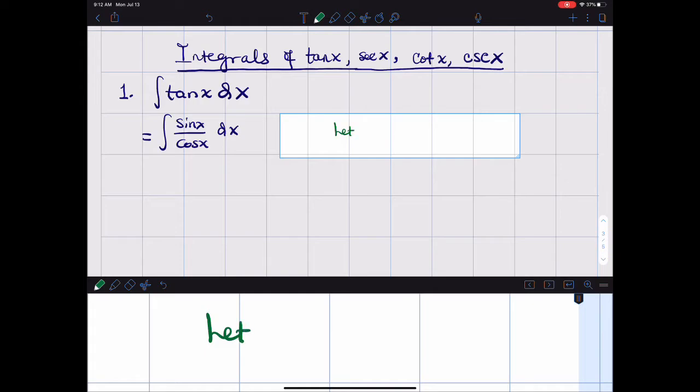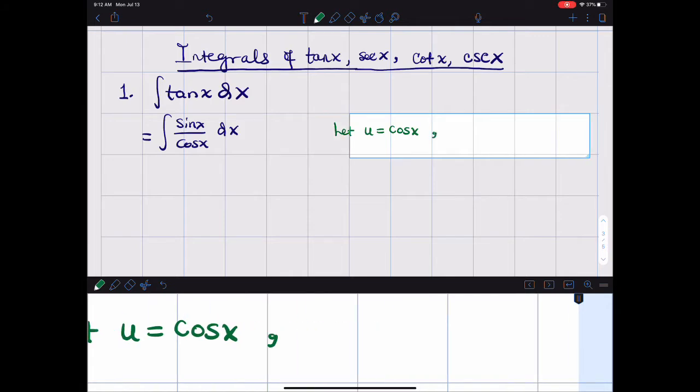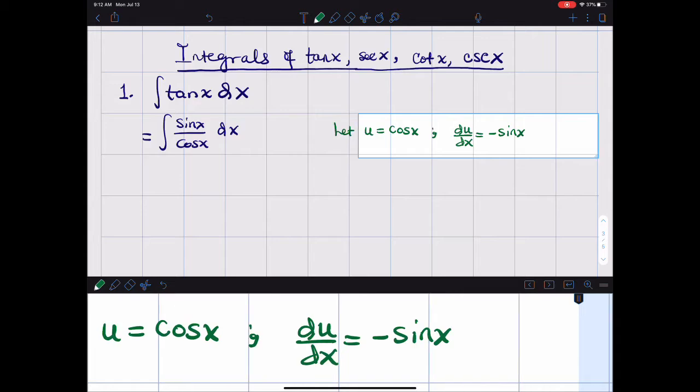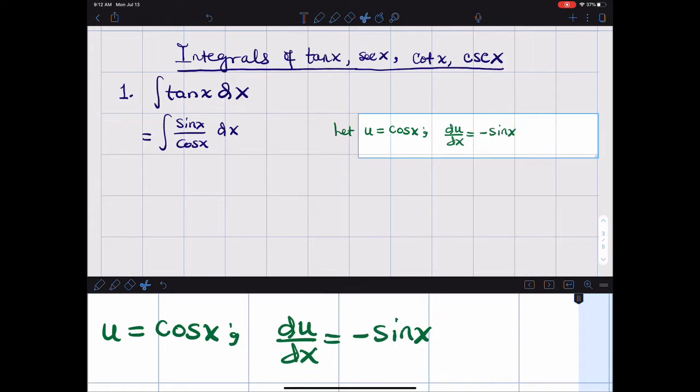If we let u be cosine of x, now this means that du dx is equal to negative sine of x.